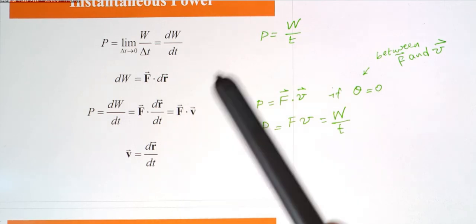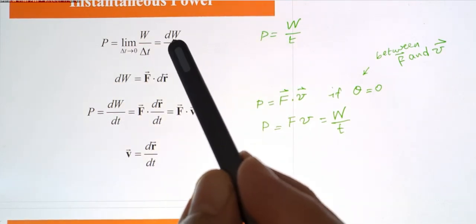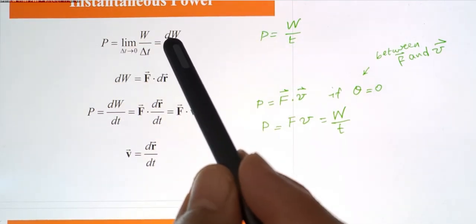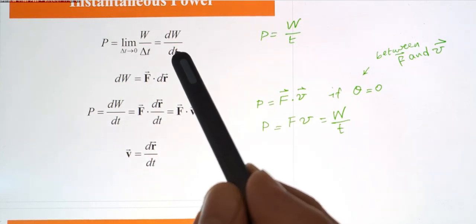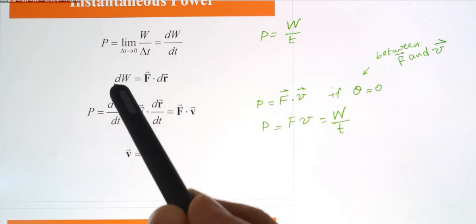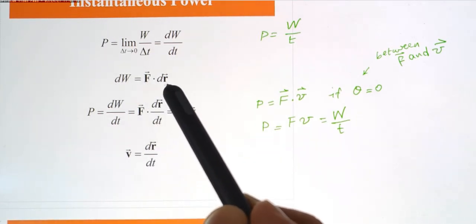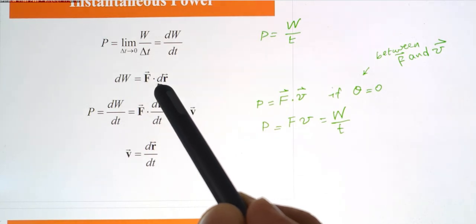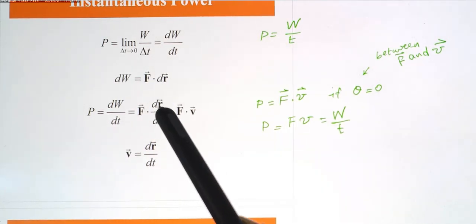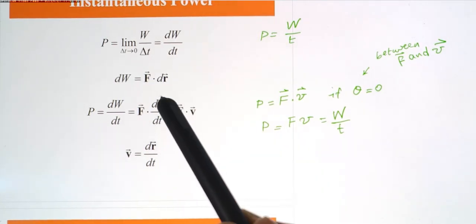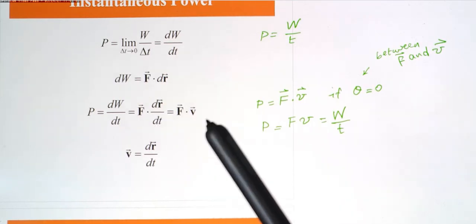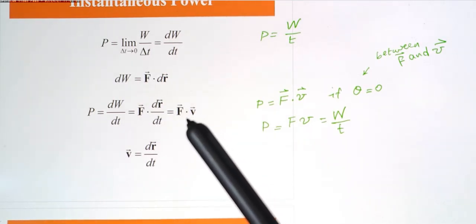And the derivation is very simple. It's the change in work with respect to time. But what is the change of work? It is force times change of displacement. And what is change of displacement over time? It's the velocity.